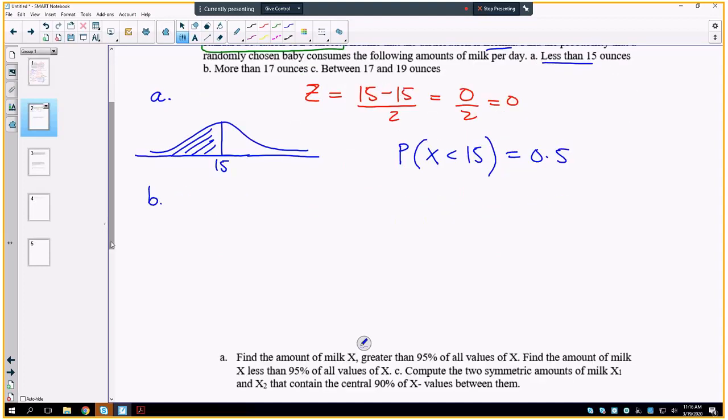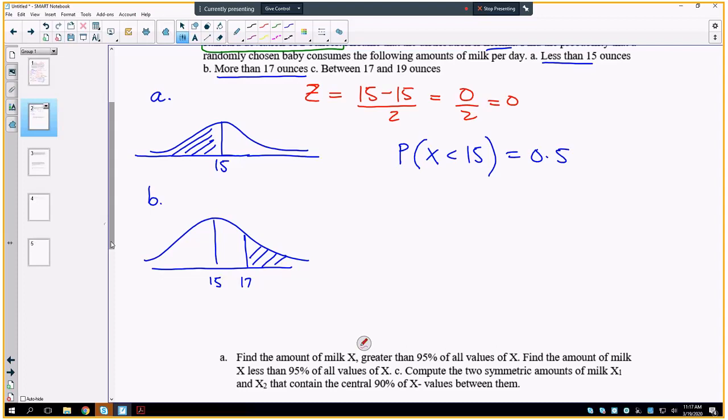So part B, more than 17 ounces. From the picture in part A, I know that the mean is 15. Here's 15, and 17 is somewhere here. We're talking about more than 17, which looks like the right tail of my distribution.